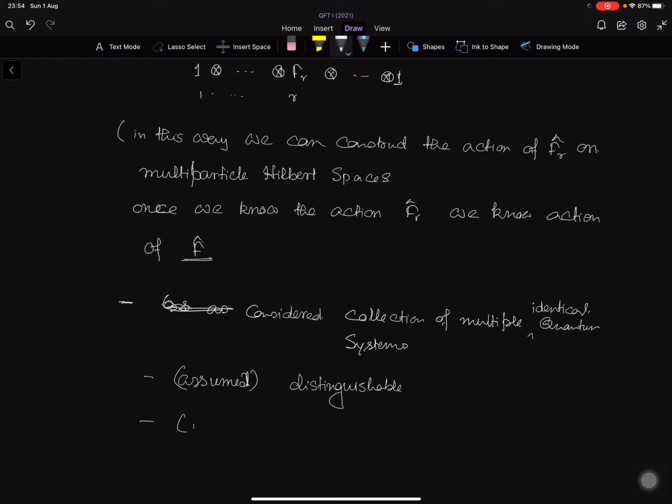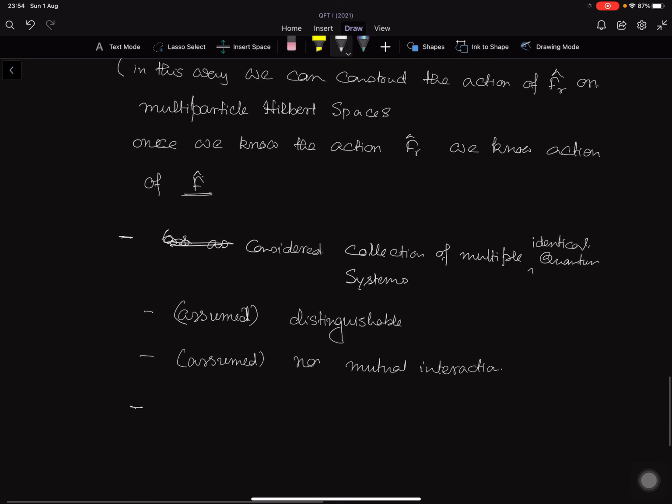And we also assumed there is no mutual interaction. In such a context, we constructed the multi-particle Hilbert space and the operators on it.